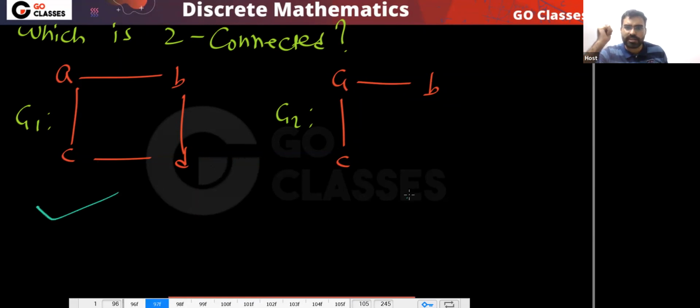So this graph is 2 connected. This is not 2 connected. In this graph, if I remove this, then it's gone. So this graph is not 2 connected, and this graph is 2 connected. Now remember, what is the meaning of K connected?